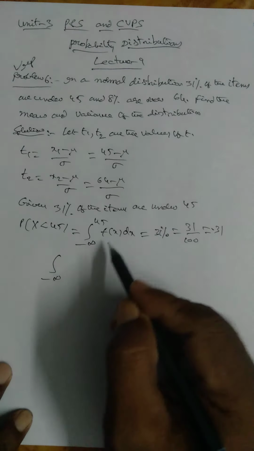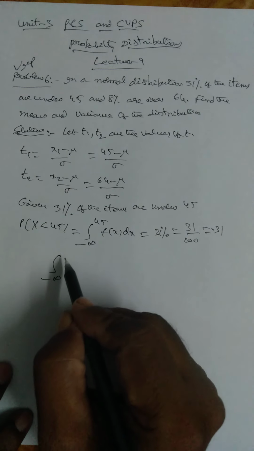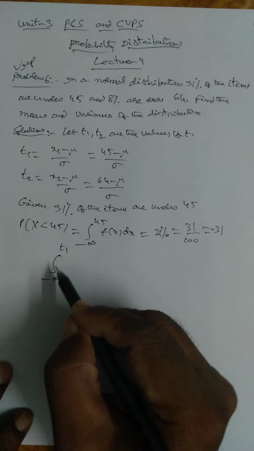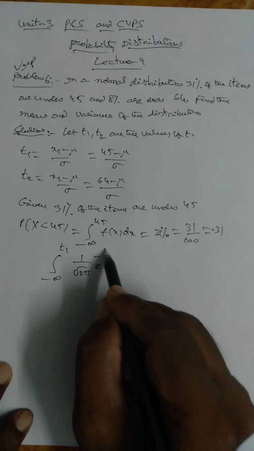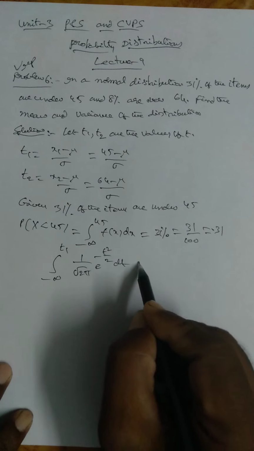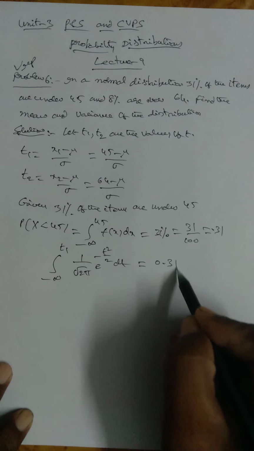In terms of t, we get the integral up to t1 of 1 by root 2 pi e power minus t square by 2 dt is equal to 0.31.